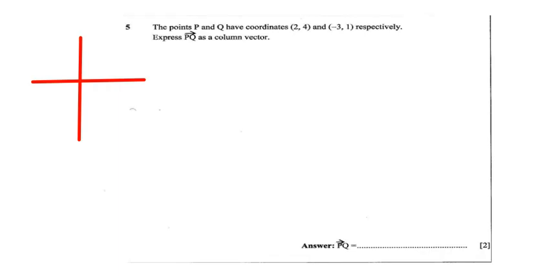So this is P, they have said it is 2, comma 4. So our X is a 2 there. And then here it is comma 4.